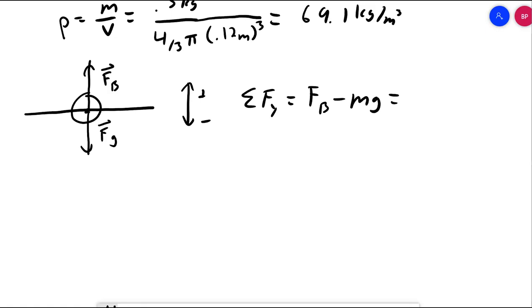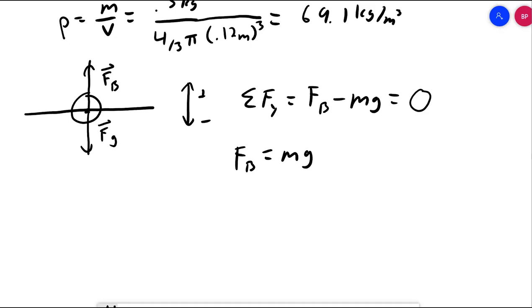And as always, this is equal to mass times acceleration, but it's floating in still fluid. So the fluid's not moving at all. That's when these equations work. So its acceleration has to be 0, which means that these forces have to add to 0. If we arrange this, then our buoyant force is equal to the weight of our object.